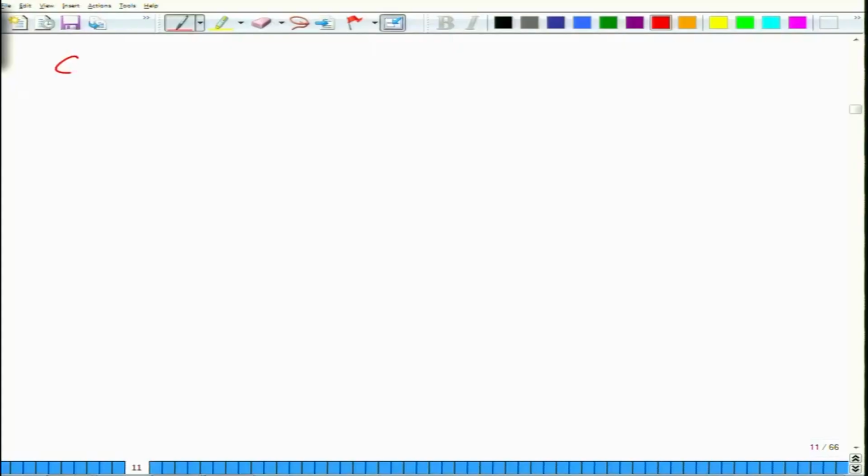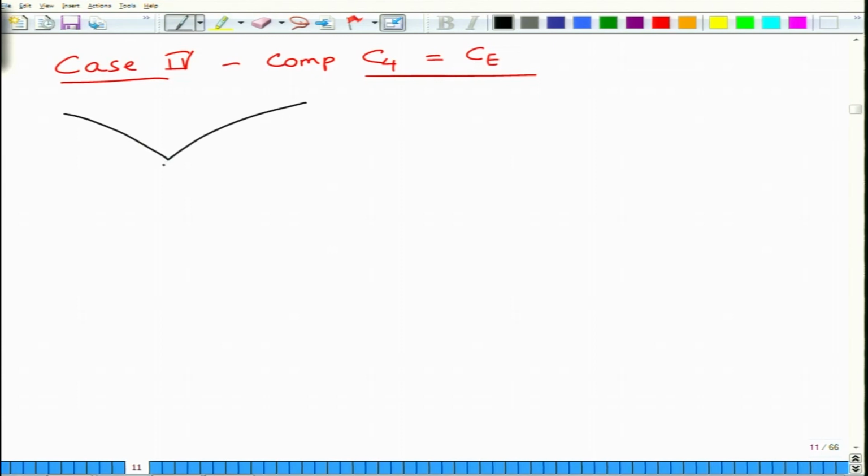Now finally, let's discuss the microstructure evolution of case 4, which is of composition C4, same as CE. So now we are looking at eutectic composition. Let us draw the phase diagram corresponding to the eutectic region. We have liquid plus alpha, liquid plus beta, and this is of composition CE.